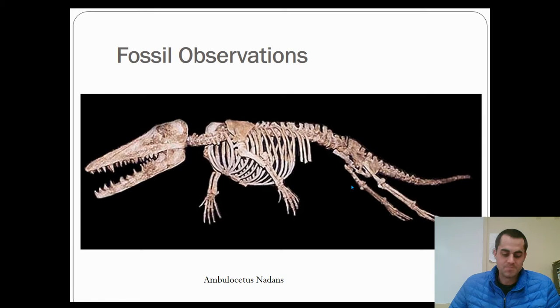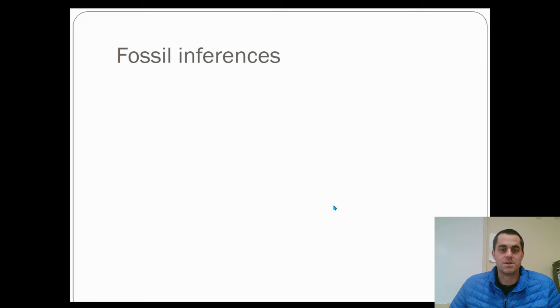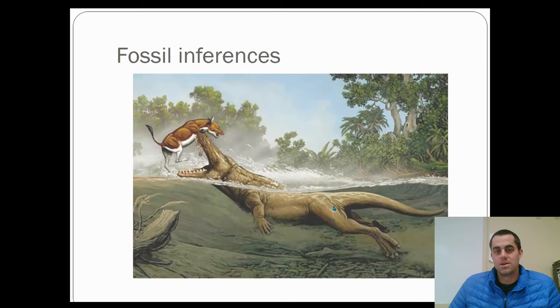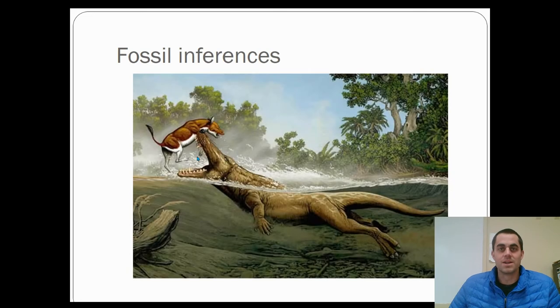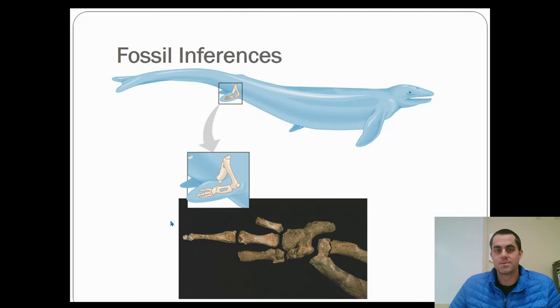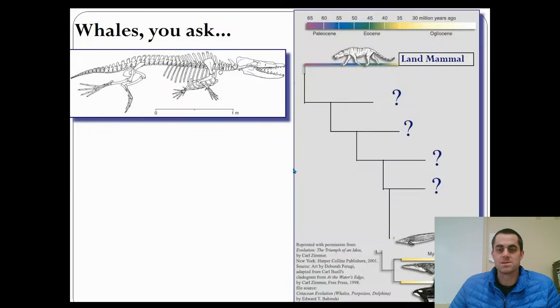And so as we look at the fossil record, we see a progression of these organisms. This is an artist's rendering of this creature. But a lot of the ancient whales we have had small femurs, small back legs.